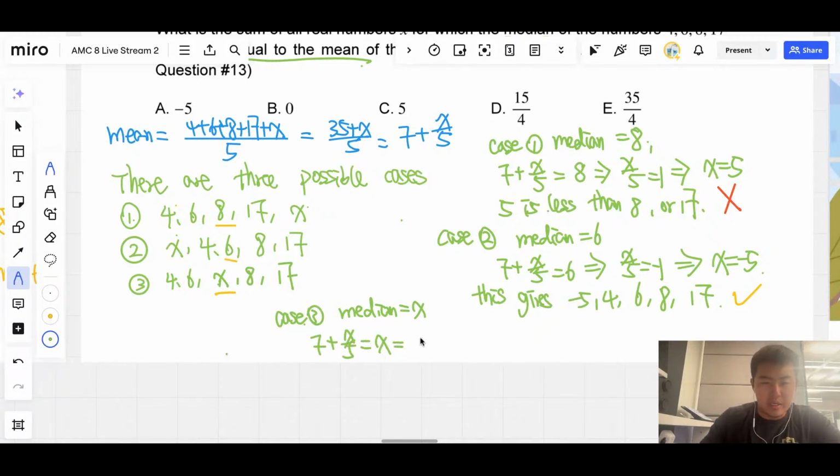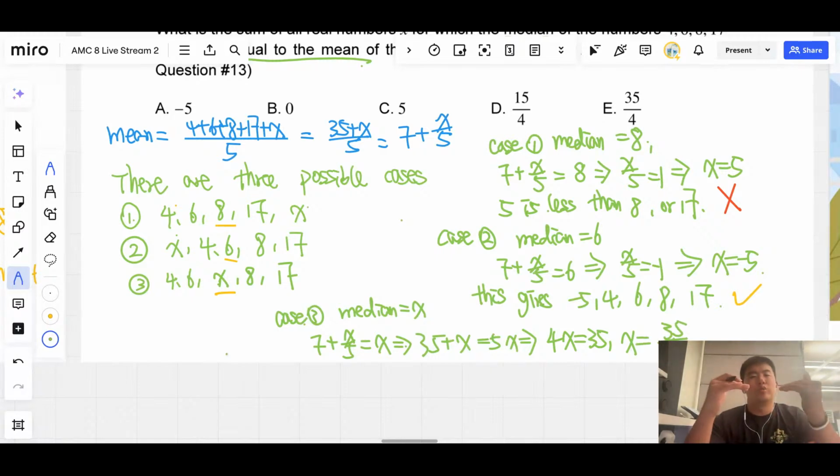If you multiply by 5 on both sides of the equation, you get 35 plus 5x equals 5x times... equivalently 4x equals 35, so x is equal to 35 over 4. Now think about our restriction that x must be between 6 and 8. But 35 over 4 is more than 8, because 4 times 8 is 32. So this one is definitely out of bounds.